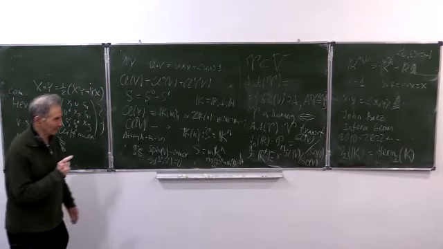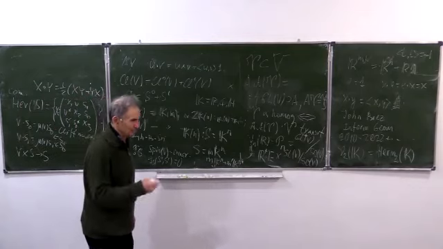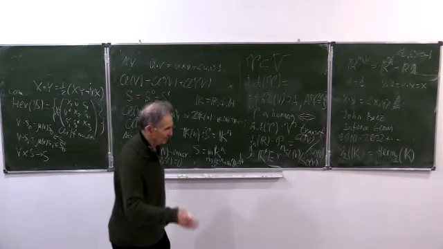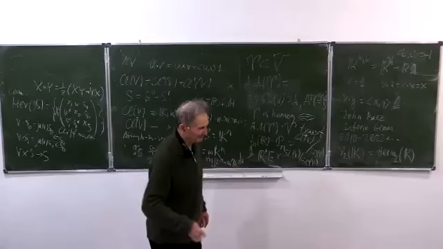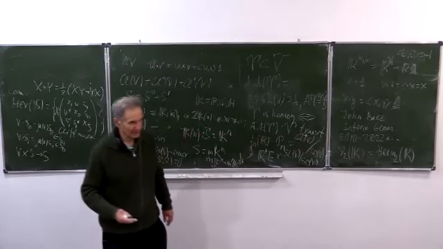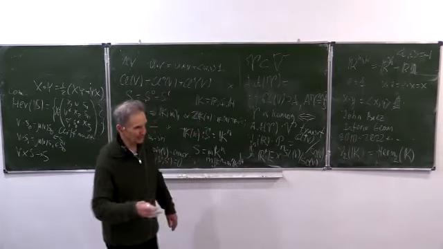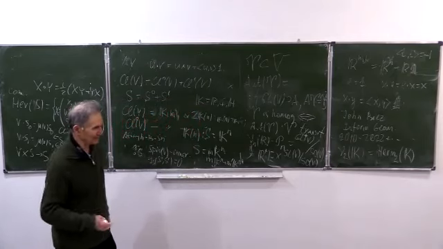So here I want to say that recently, due to the proceedings of the conference in honor of Sasha Vinogradov, we promised to write some paper, and now we are working on this paper.